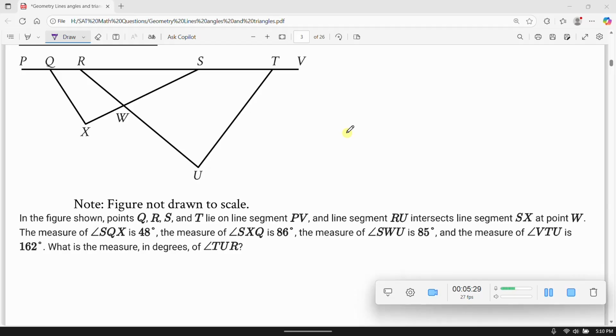Now they say the angle SQX is 48 degrees. So this is 48. And the angle SXQ is 86.